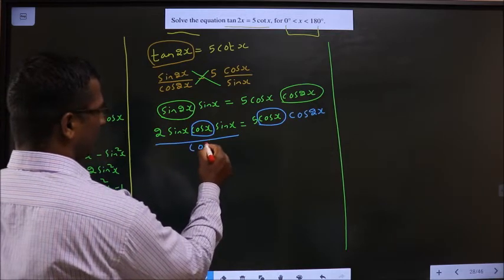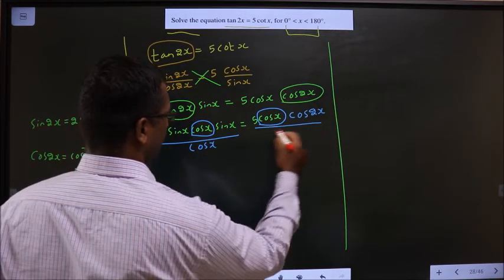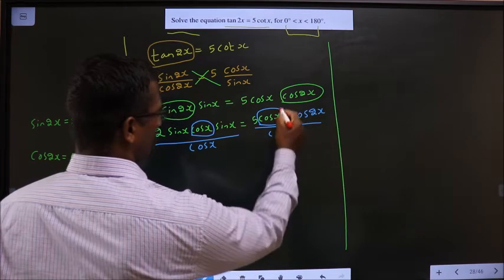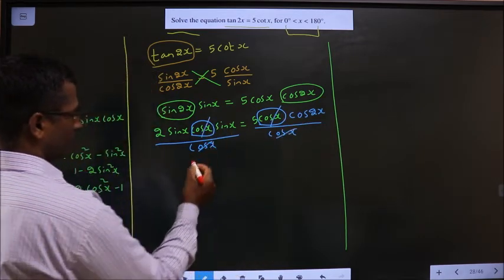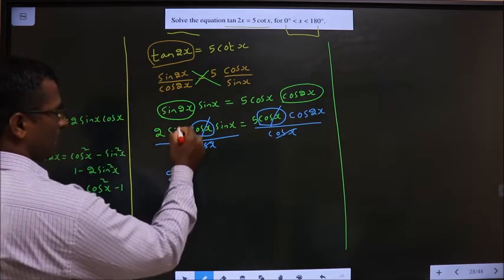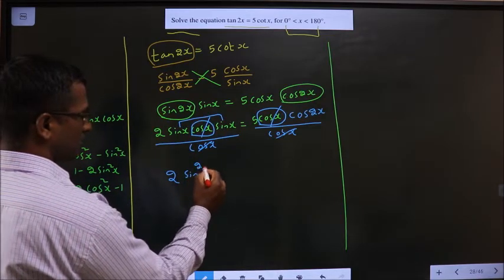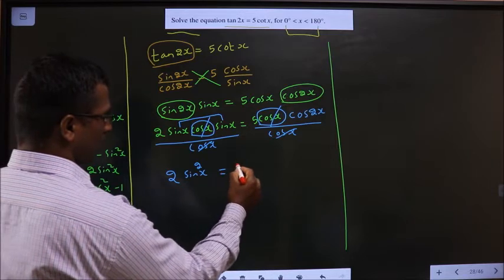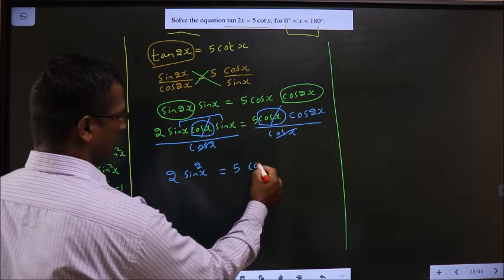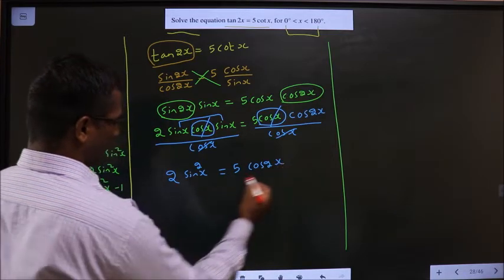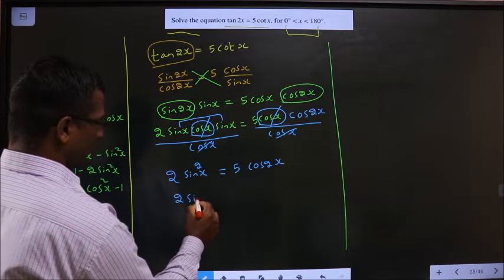So if I divide by cos x on both sides, they cancel out, leaving me 2, and sin into sin will become sin square x, and on this side 5 times cos 2x. So 2 sin square x equal to.